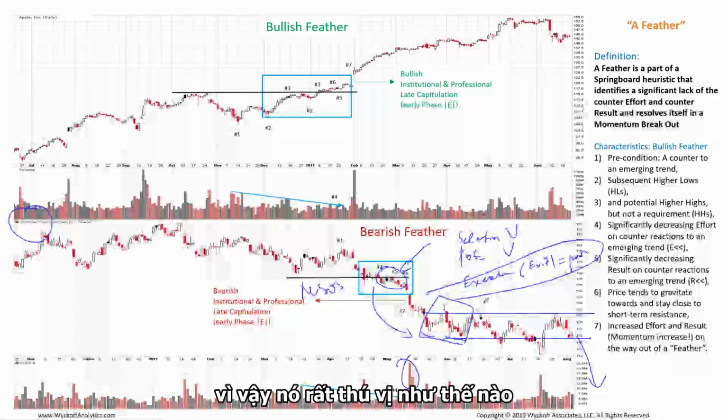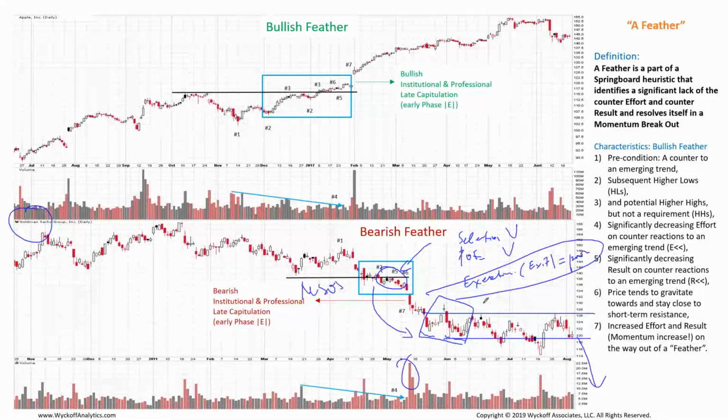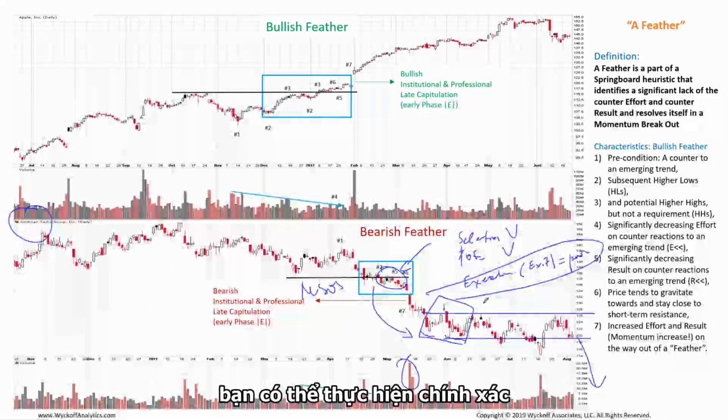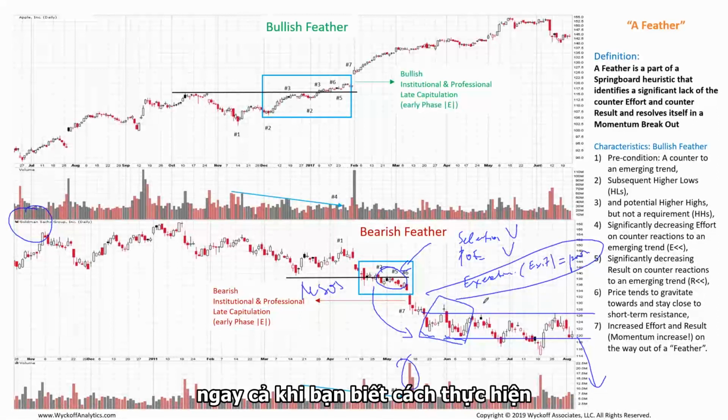So it's very interesting how you could have the knowledge, but you might not have the skill. You might develop the skill of visual recognition on the chart of what you see, but it doesn't mean that you could execute correctly. Even if you know how to execute correctly, you might be bound by the market opportunities that are being given to you.